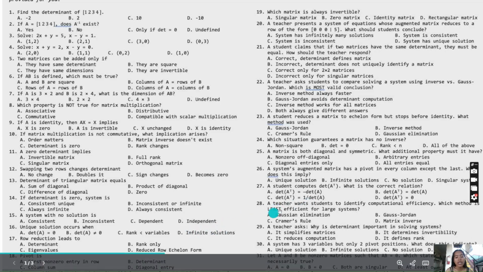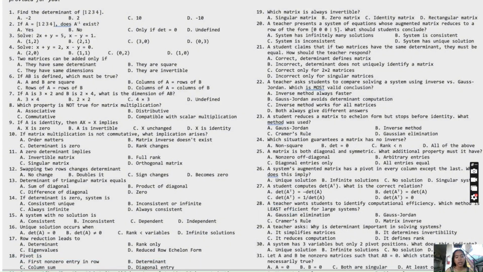Every diagonal matrix is already symmetric because the entries above and below the diagonal are all zero. So if a matrix is diagonal and symmetric, it must simply have entries only on the diagonal and zeros elsewhere. That's why our answer is letter C. Let's proceed to number 26.